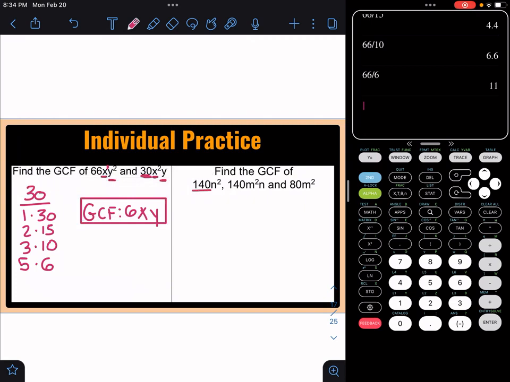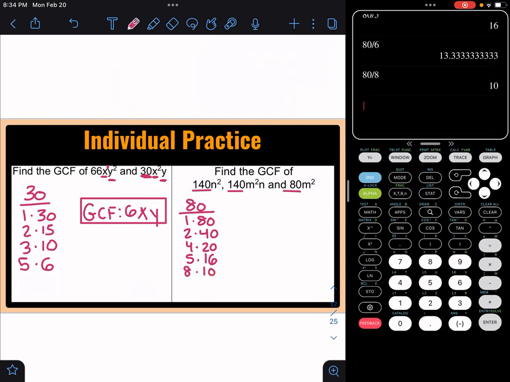Now we have 140, 140, and 80. Let's find the factors of 80. 1 and 80, 2 and 40, 80 divided by 3, no, 80 divided by 4, 4 and 20, 80 divided by 5, 80 divided by 6, 80 divided by 8.